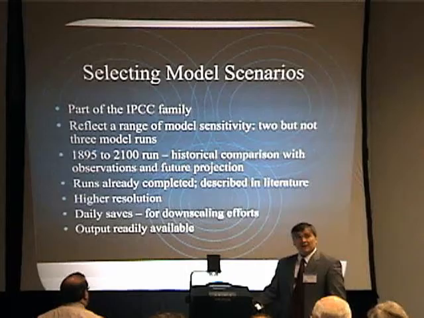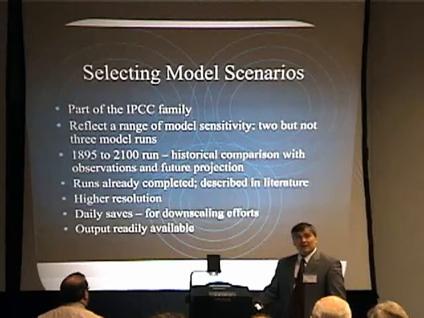It's vetted in that there's intermodal comparisons, there are comparisons with data sets, so there becomes a rich literature on the model simulations. It allows you to compare results for a regional or national assessment with what other models are saying around the world. Reflective range of model sensitivity, which I suggested to try to capture this range, but it was interesting, this first time to do an assessment, we didn't want to overload people with many, many model simulations.